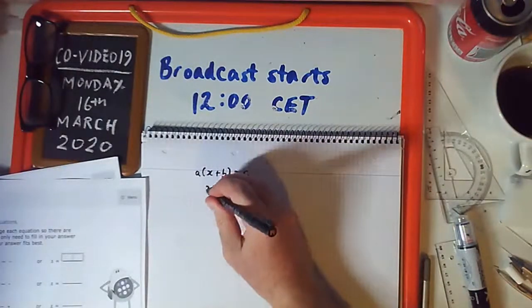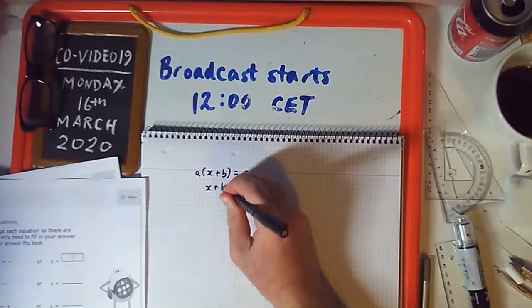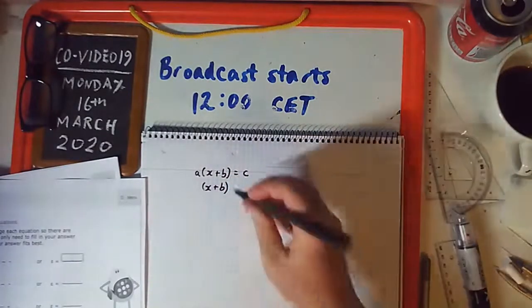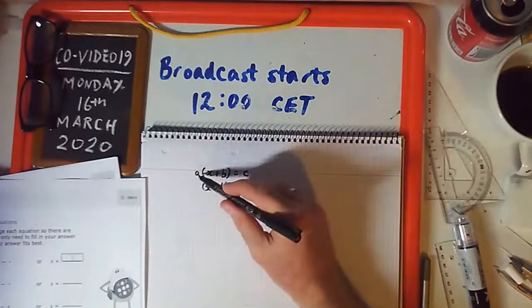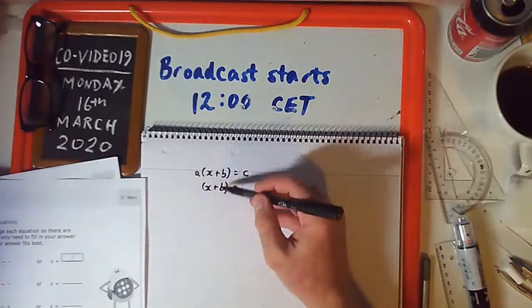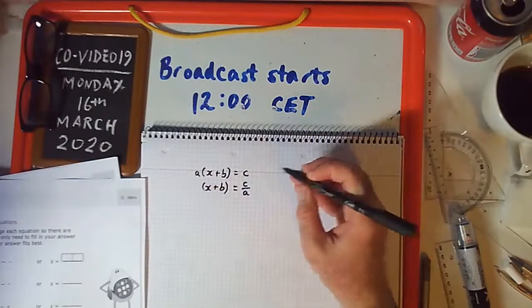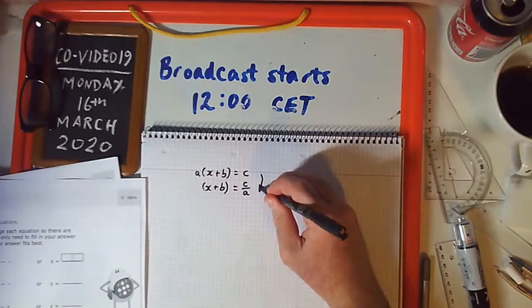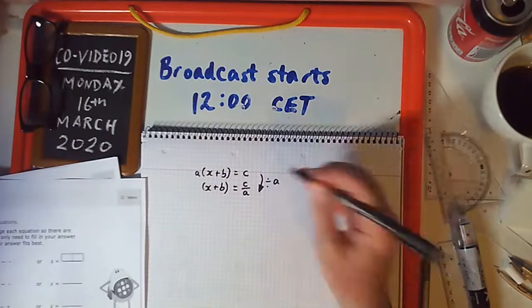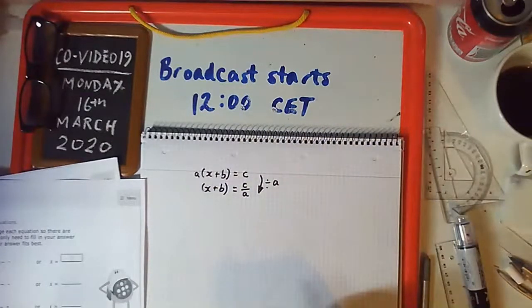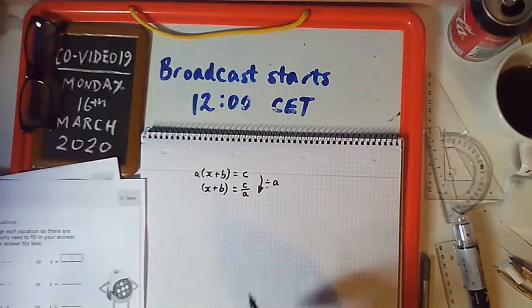Okay, so I'd quite like to get that bracket that's got the x plus b on its own. So if I divide by a, that'll give me that on its own, but I need to divide the other side by a as well. So dividing both sides by a gives me x plus b equals c over a.